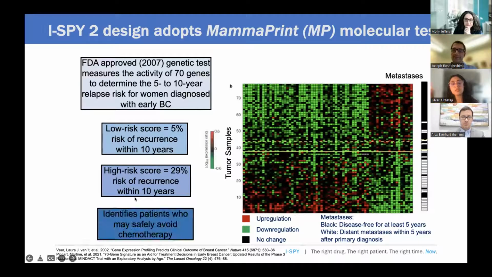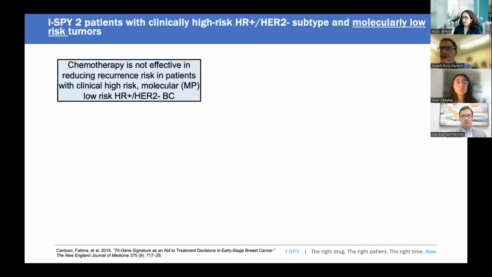Why is this important? If they are at low risk, then they can actually avoid chemotherapy and move on with less aggressive therapies and really avoid unnecessary toxicities. So these patients that are clinically high risk, HR positive, HER2 negative patients with molecularly low risk, so MammaPrint low, chemotherapy is not effective for them.